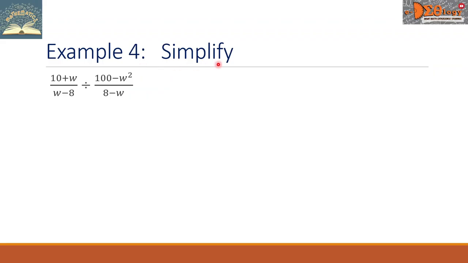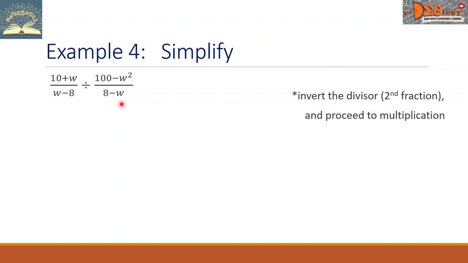Example 4. Simplify the first rational expression 10 plus w all over w minus 8 divided by the second rational expression 100 minus w squared all over 8 minus w. Let us invert the divisor, meaning the second fraction, and proceed to multiplication.